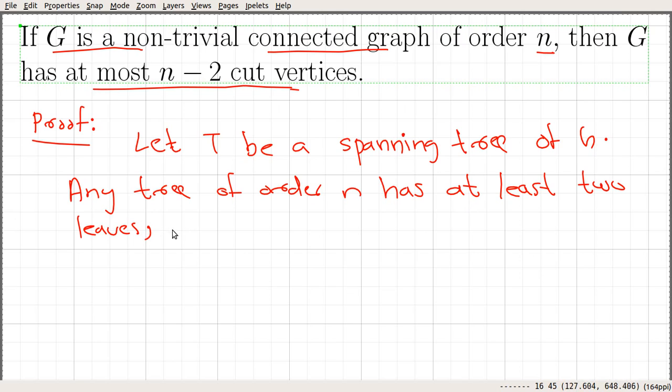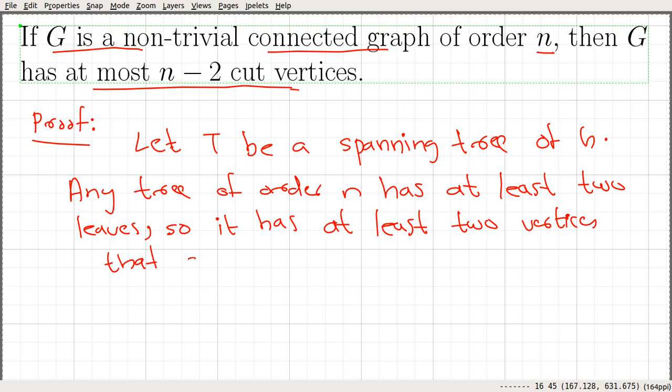So that tree has at least 2 vertices that are not cut vertices. If you consider a tree, it has at least 2 vertices that are not cut vertices.